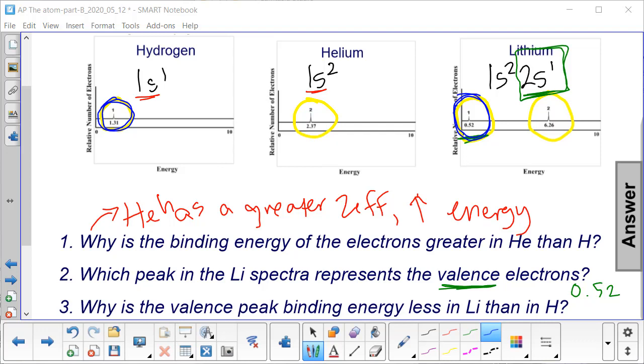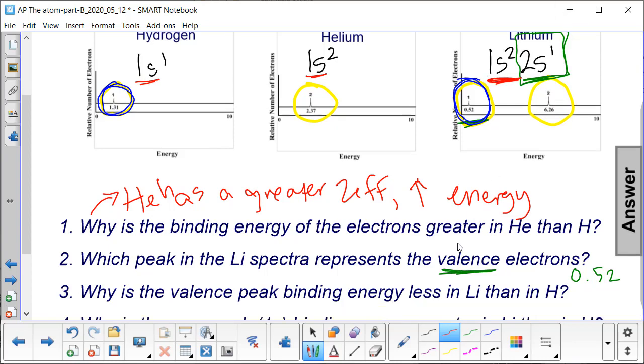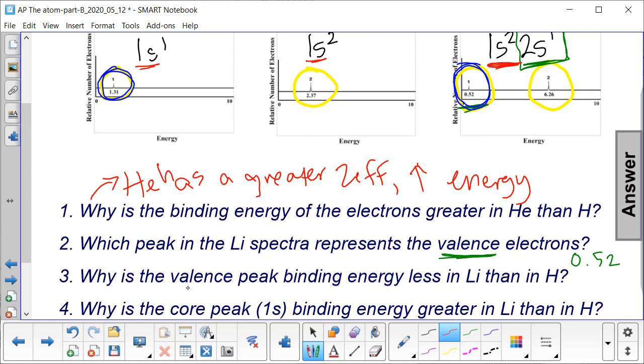Why would we expect to see a higher energy for the hydrogen than the lithium outer electron? Well, lithium has these inner shielding electrons, right? So the shielding is increased in lithium, which decreases the force, and therefore also the energy. Okay.